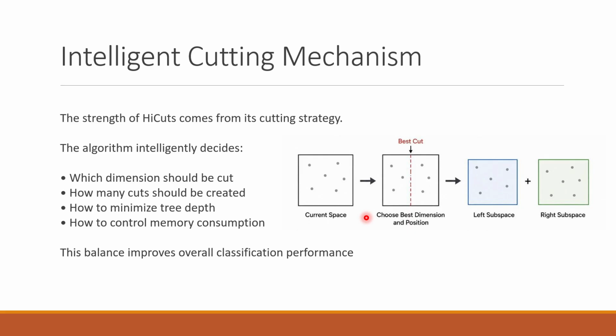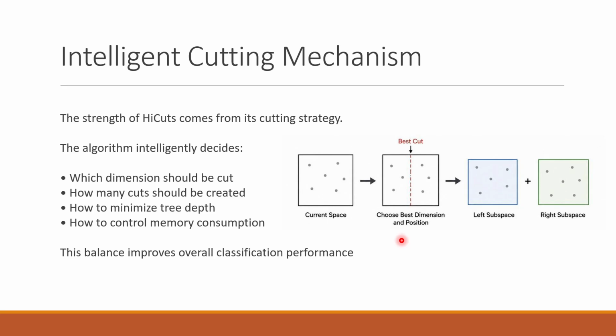Intelligent cutting mechanism. The word intelligent, what does it mean? The word intelligent in HiCuts describes how to divide the search space, because the algorithm does not make a random cut.